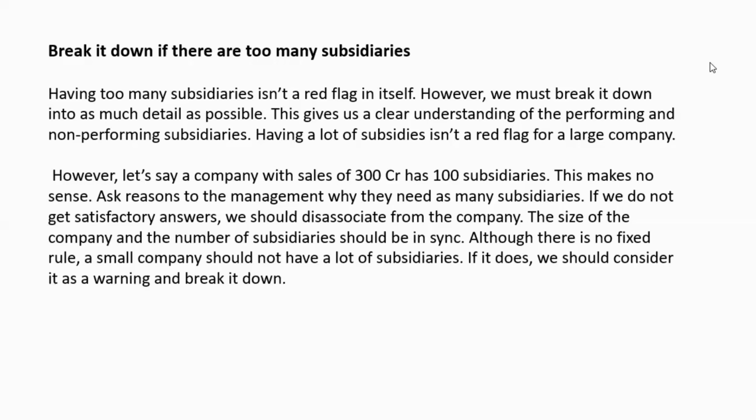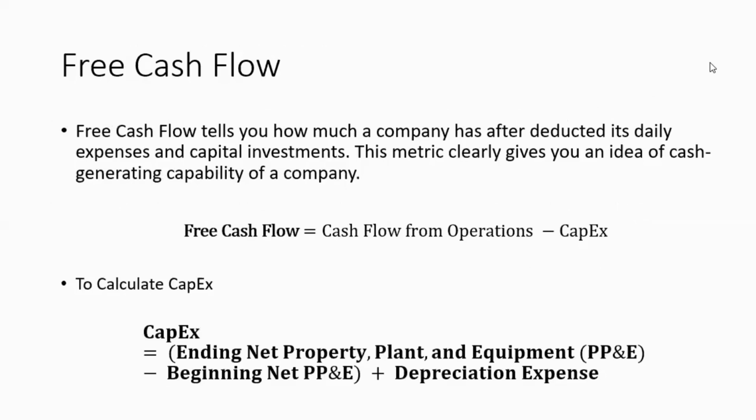However, it doesn't necessarily mean that it is involved in any fraudulent activities, but if there are too many subsidiaries, then we should have a look. Now, those are the general red flags in balance sheets and fraudulent activities we see in companies. But we'll be moving on to real world case studies.